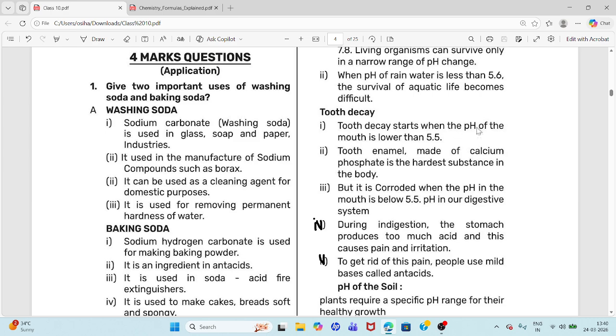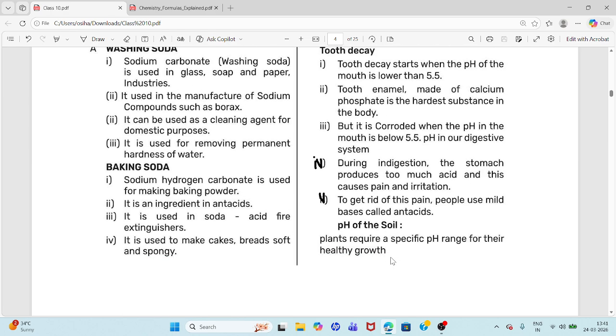Tooth decay starts when the pH of the mouth is lower than 5.5. Second point, tooth enamel made of calcium phosphate is the hardest substance in the body. Third point, but it is corroded when the pH in the mouth is below 5.5. pH in our digestive system: fourth point, during indigestion, the stomach produces too much acid and this causes pain and irritation.